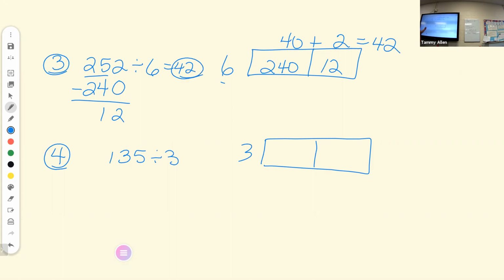So we could use 120 here. Subtract and we get 15. 120 divided by 3 is 40, and 15 divided by 3 is 5.